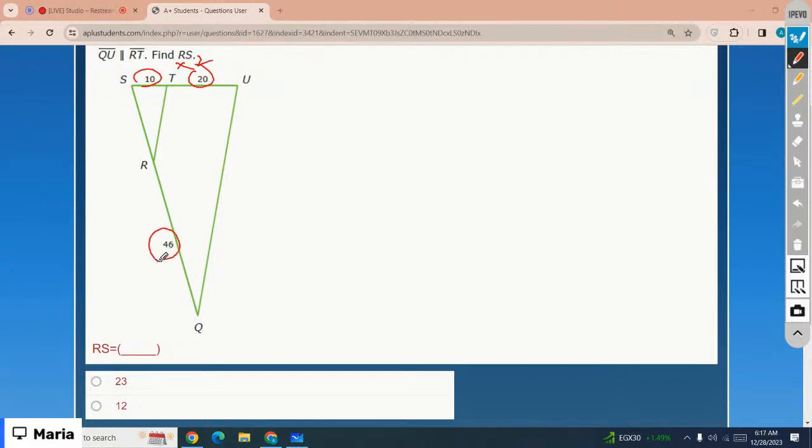So this is 46, the bigger one. The smaller one must be half of this one. So 46 divided by 2 is 23. SR equals 23. Got it? The correct option is 23.